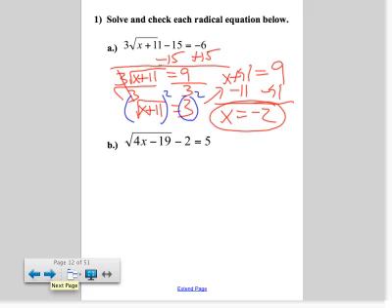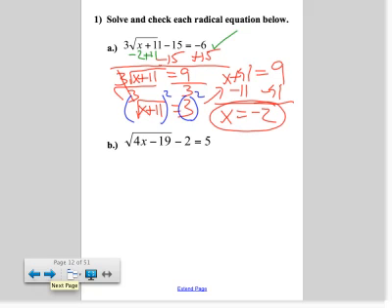Now do a mental check really quick. When I plug negative 2 in for x up here, I get negative 2 plus 11, that's 9. The square root of 9 is 3. 3 times 3 is 9. 9 minus 15 is negative 6. So I know that I got that one right, because when I plug it back in, it checks.